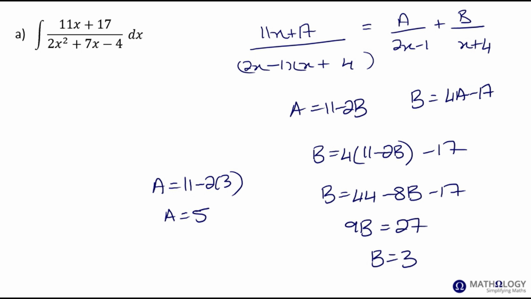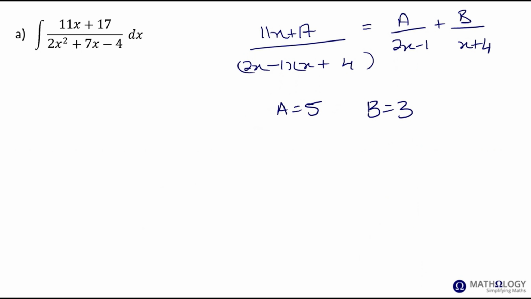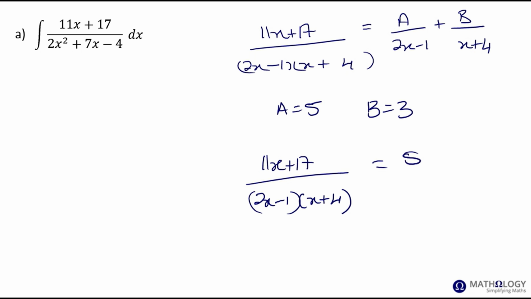So 11x plus 17 over 2x minus 1 times x plus 4 equals 5 over 2x minus 1 plus 3 over x plus 4. We're not going to leave it there.